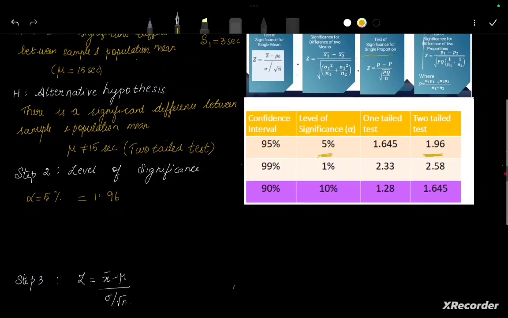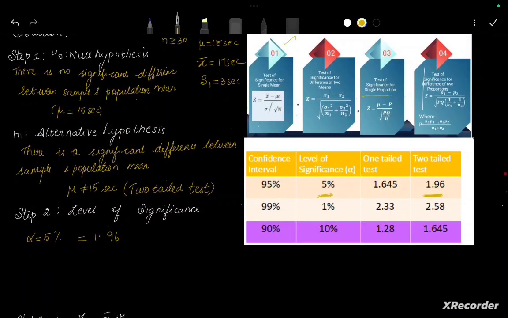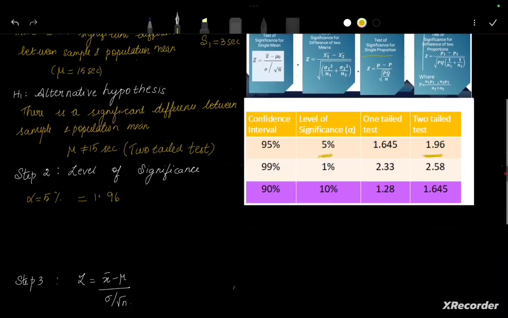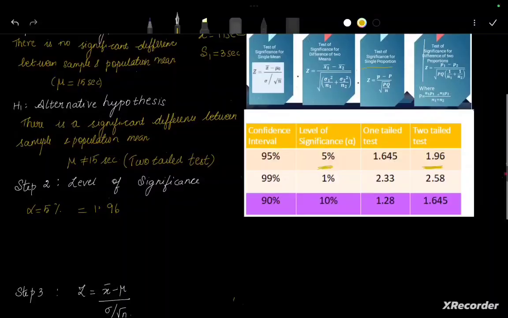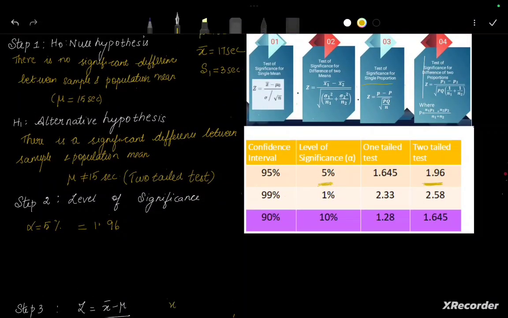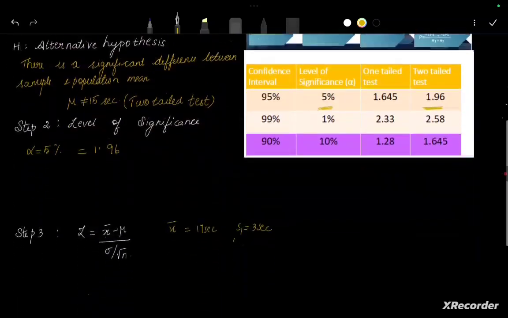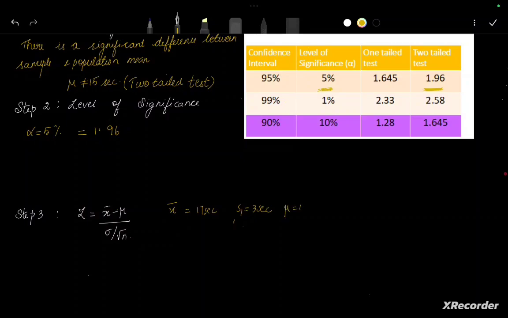You can write at 5% it is equal to 1.96. You have already identified that formula 1 is what you are going to use. Step 3 is calculating your Z value using the formula. Here, x bar is 17 seconds, S1 is equal to 3 seconds, and mu is equal to 15 seconds. All this is already given in the question. Substituting, it will be 17 for x bar minus mu, 15.